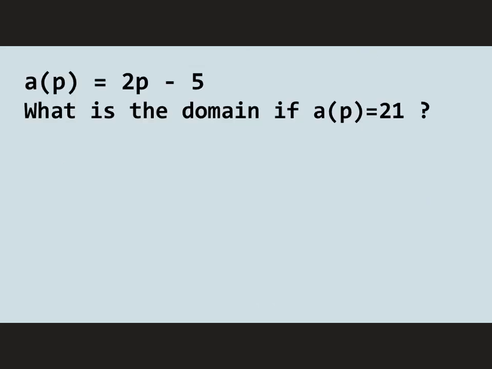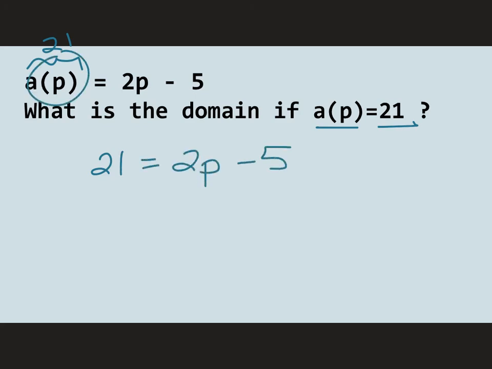All right, here's another one. It says A of P equals 2P minus 5, which is the one we just used, but now it's saying A of P equals 21. So instead of A of P, we're going to put 21 in its place and then solve for P. 21 equals 2P minus 5. And now we just have a two-step equation.